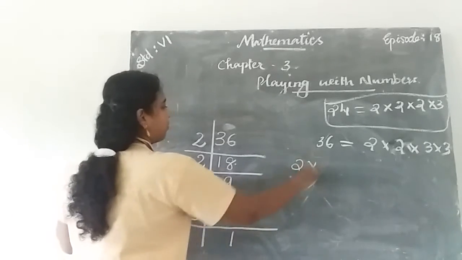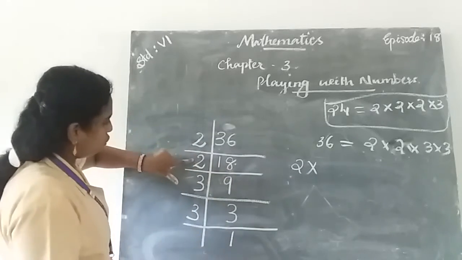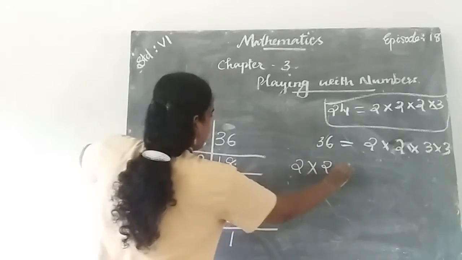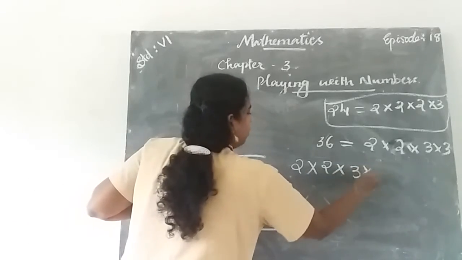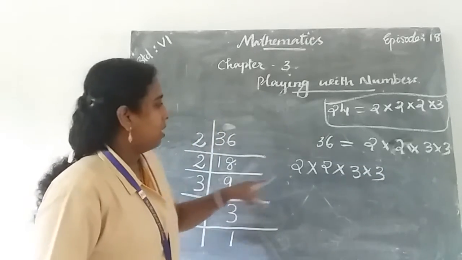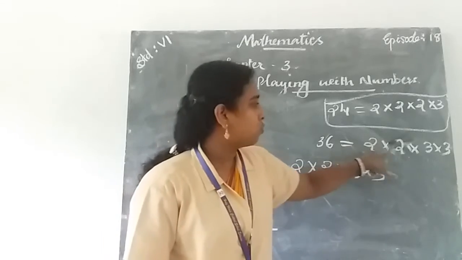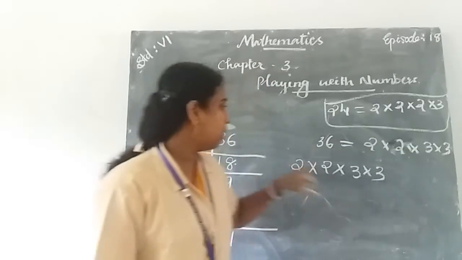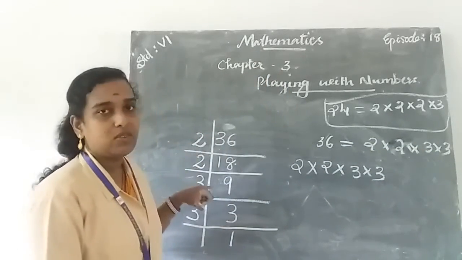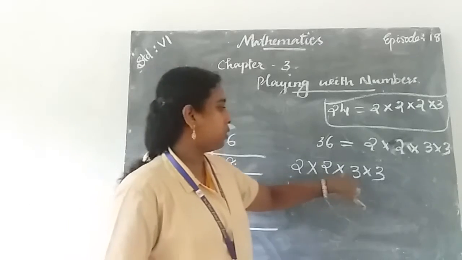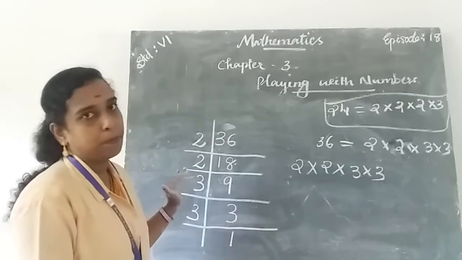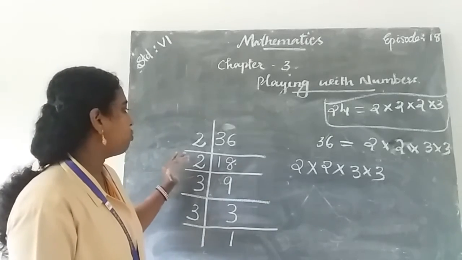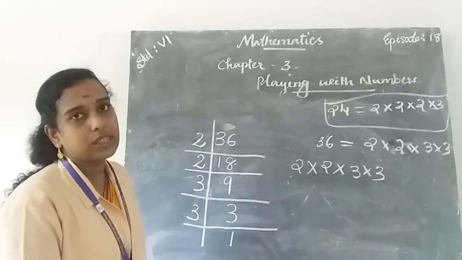We get the same answer by both methods, 2 into 2 into 3 into 3. This is the prime factorization method and this is the division method.